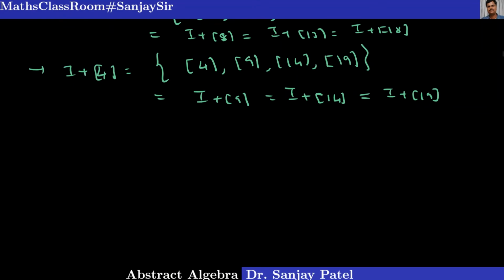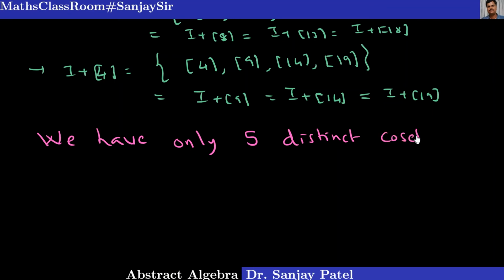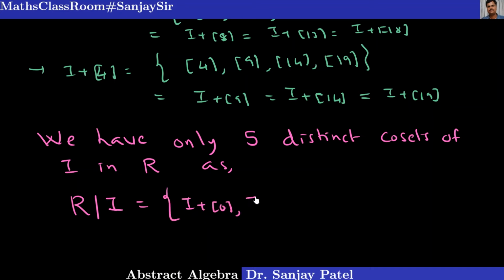So we have only 5 distinct cosets of I in R. So in the set R mod I, we can write I plus 0, I plus 1, I plus 2, I plus 3 and I plus 4.